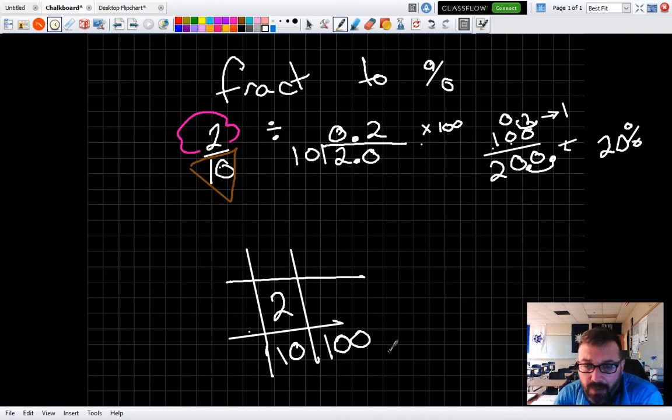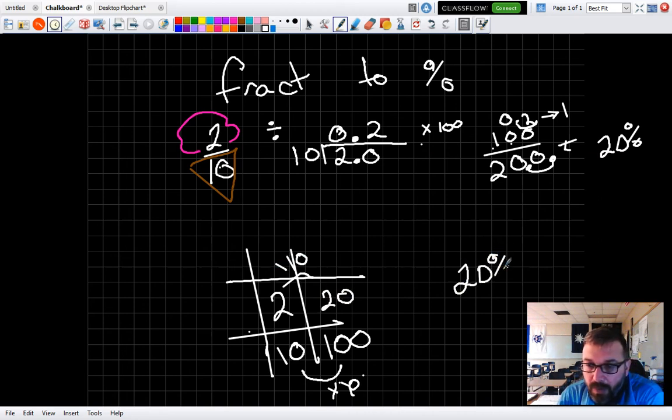And then I just cross multiply and divide. 2 times 100 is 200 divided by 10 is 20. Or I could look that I need to multiply this by 10 and get real big brain, multiply this by 10. Either way, I wind up with that other block being 20, and 20%. Tic-tac-toes work for ratios.